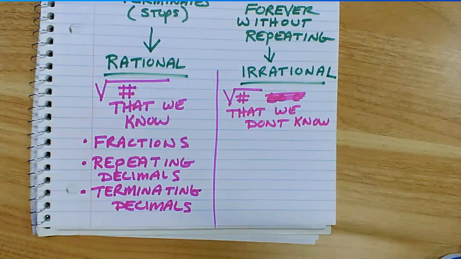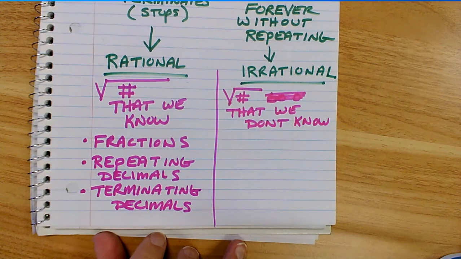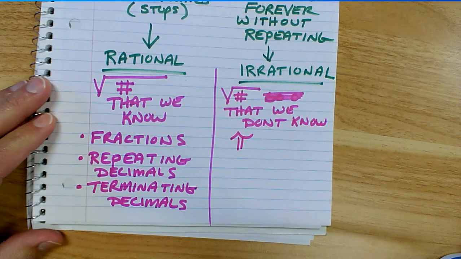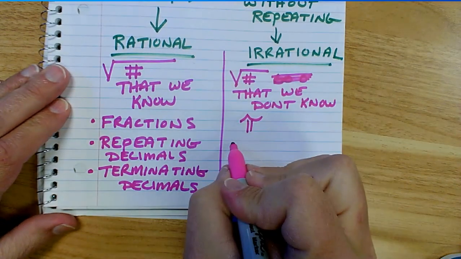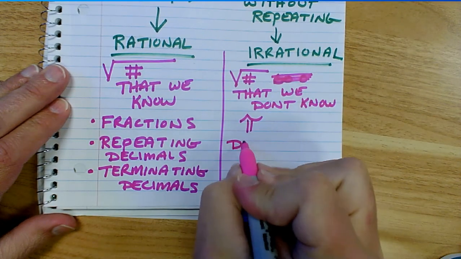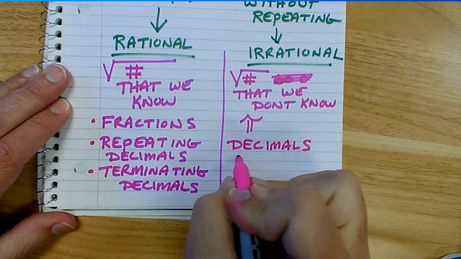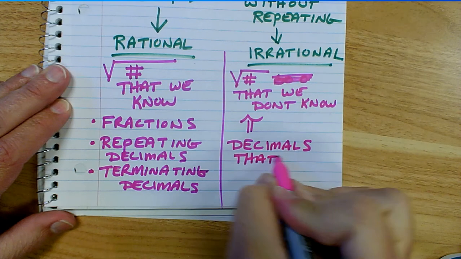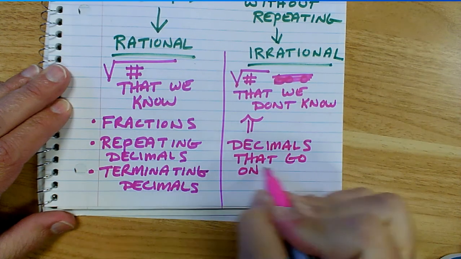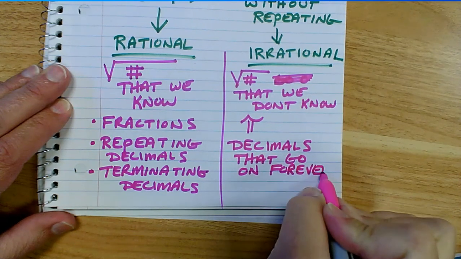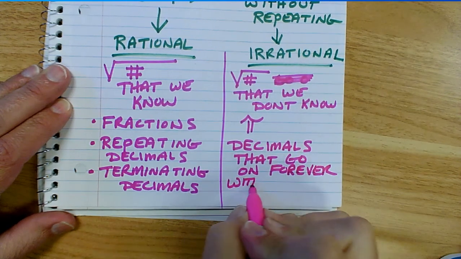So square roots that we don't know, square roots that go on forever without repeating. The number pi is irrational, and also decimals that go on forever without repeating.